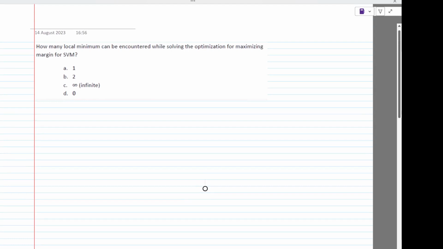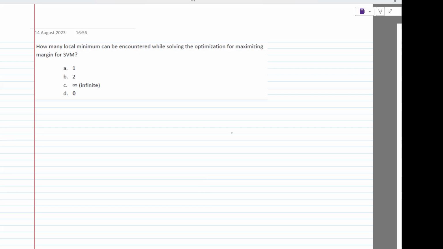How many local minima can be encountered by solving the optimization for maximizing the margin of SVM? If you remember, what is the margin of the SVM?